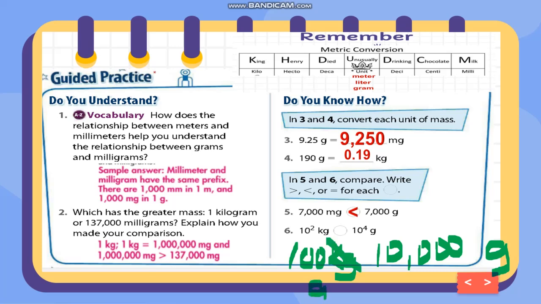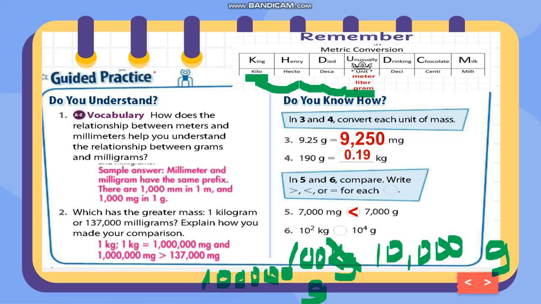Kilogram to gram, I have 1, 2, and 3 movements. So that is multiplied by 1000. So 100 multiplied by 1000, that is equivalent to 1 times 1 is 1, then 100 has 2 zeros, 1000 we have 3 zeros.